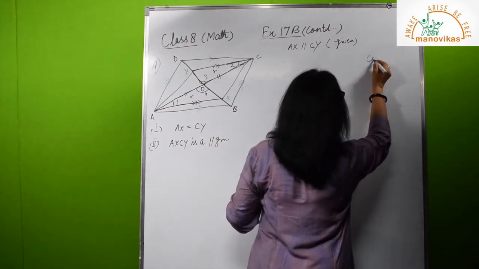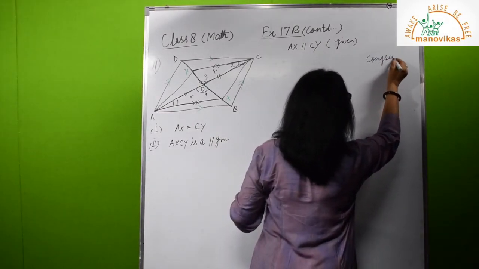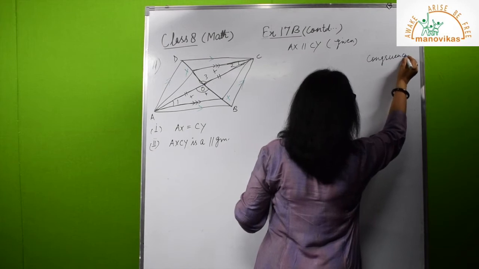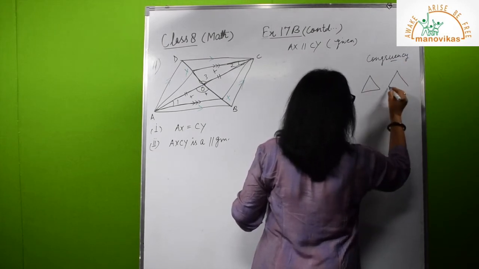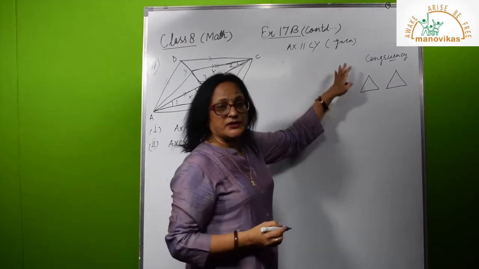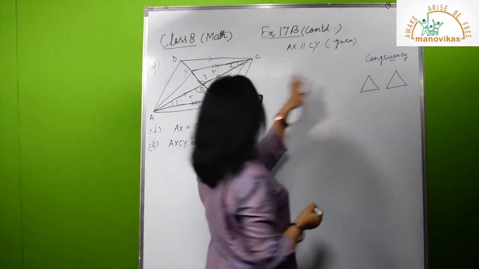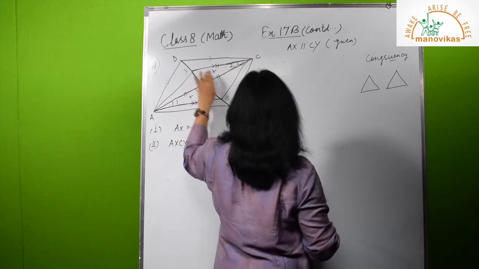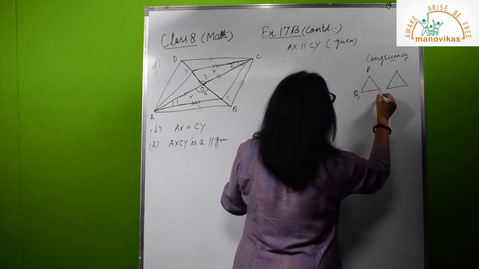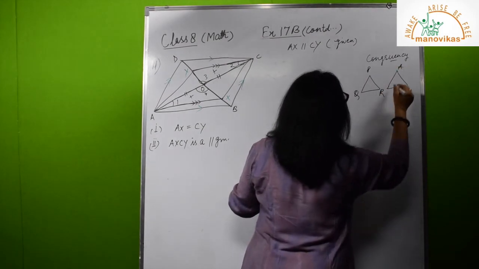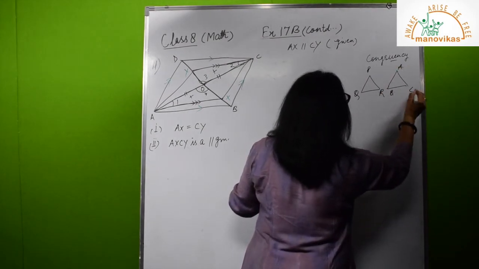If you remember congruency in 7th standard, if two triangles are congruent, their corresponding parts are equal. Why are we making these two triangles congruent? Because each corresponding part is equal. Suppose this is PQR and this is triangle ABC.